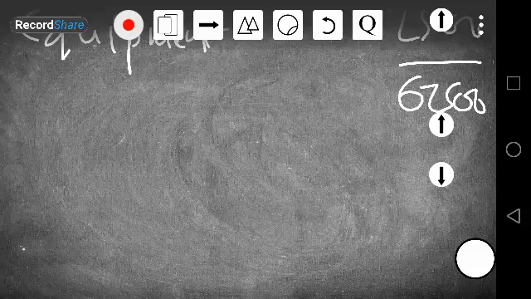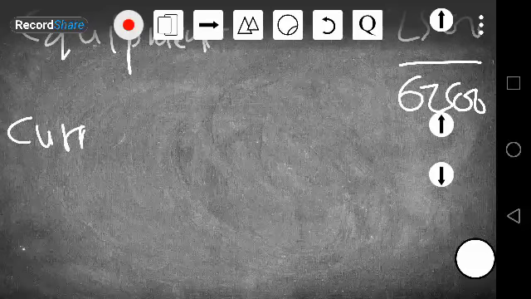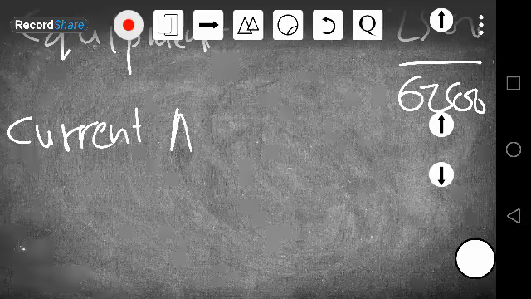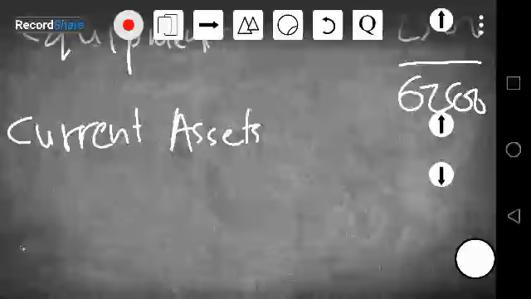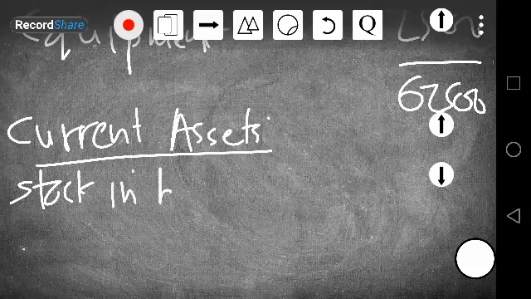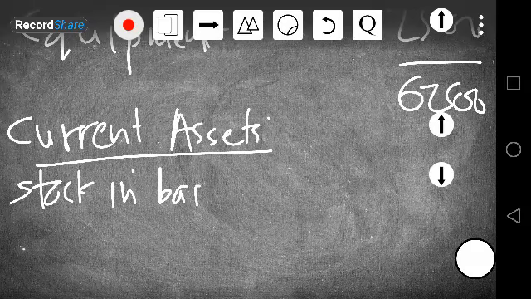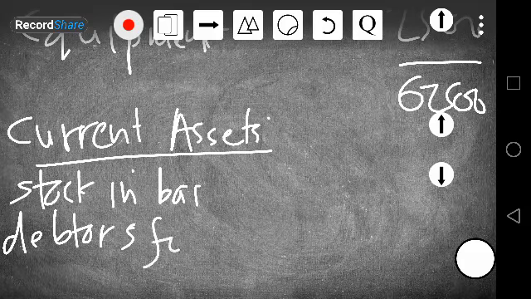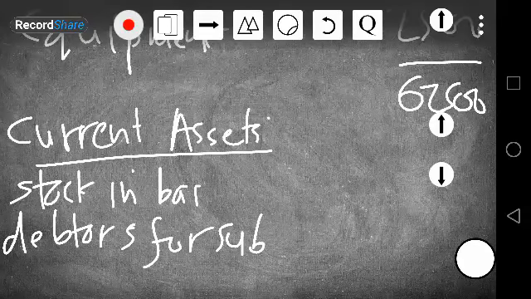Then we move to current assets. The current assets are stock in bar, debtors for subscriptions, and cash at bank.